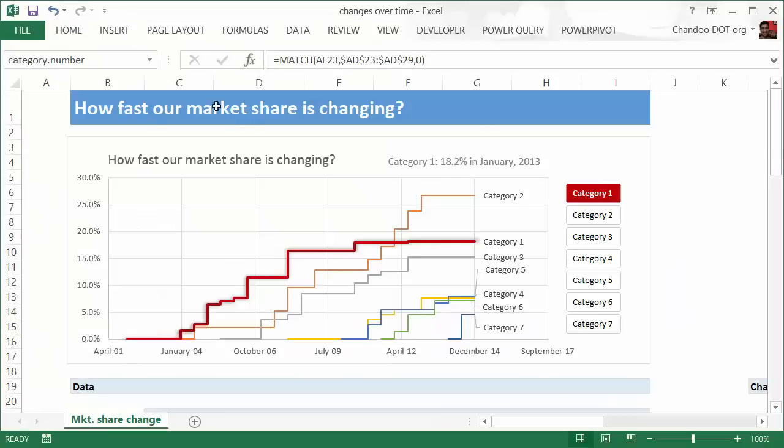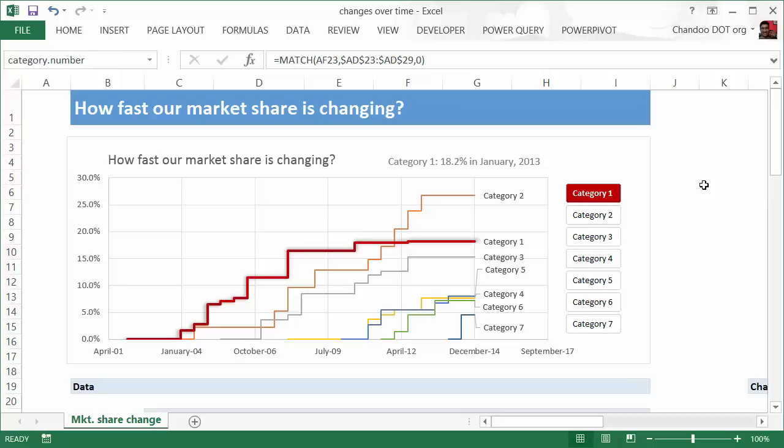This is a similar story but with the narrative of market share. Imagine you run a company that operates in 7 different product categories, and you have been in operations since April 2001, or maybe sometime later, something like January 2002.